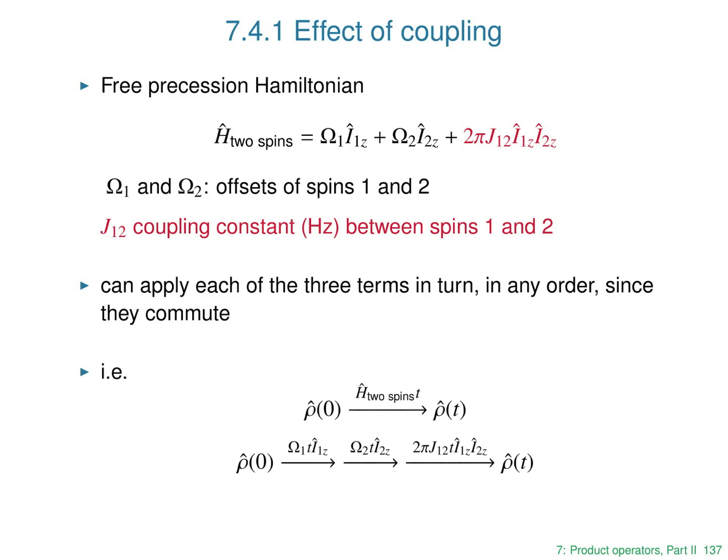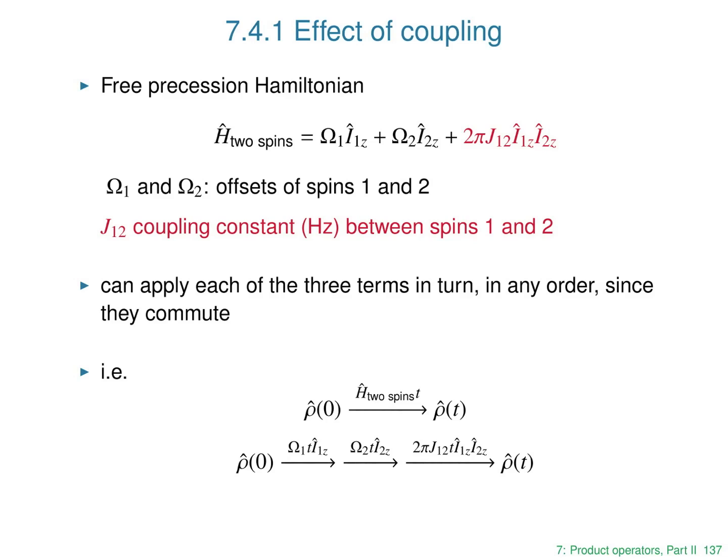So in terms of the arrow notation, if you start with the density matrix at time 0, the first arrow has got the offset of the first spin, the second arrow has got the offset of the second spin, and the third arrow has got the J coupling. So that's how we're going to do it. Now, the first two are easy. They're rotations about Z, and we've already done that. But the third arrow, the one that says 2 pi J I1z I2z over it, that's a new term.